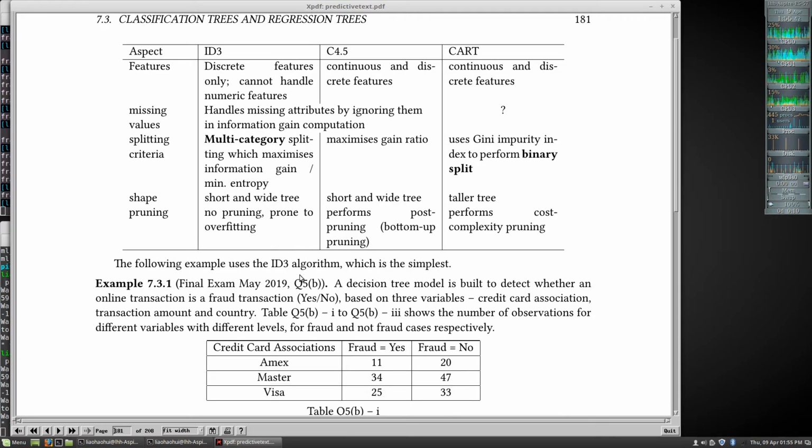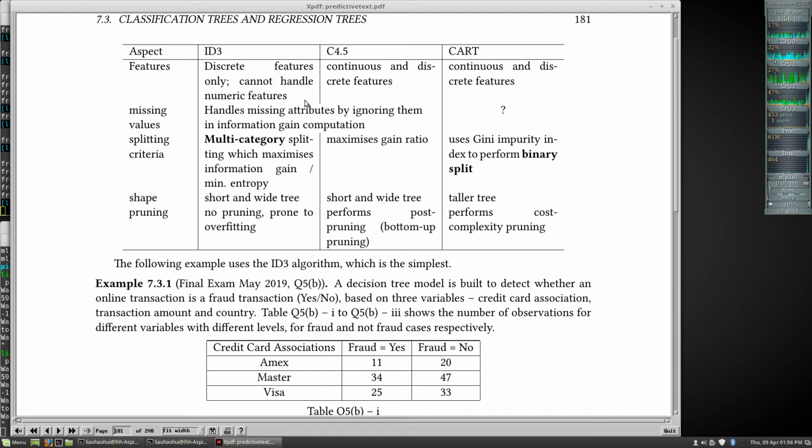As I mentioned, the thing we'll discuss here is the ID3 algorithm. What's bad about this algorithm is that it basically only deals with discrete features, meaning all our input data needs to be categorical. It doesn't handle numeric features.